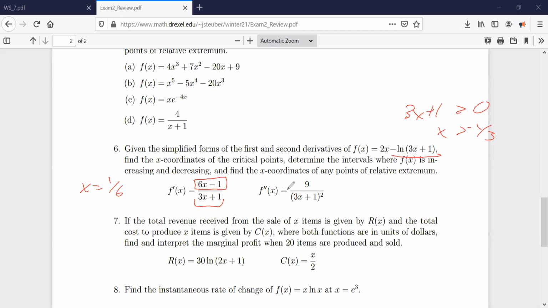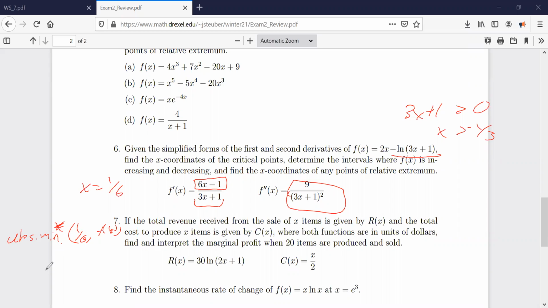And then we get 9 divided by something that is always positive. Since that is always positive, at 1/6 it's going to switch from decreasing to increasing. That's just a second derivative test. So f of 1/6 is a local min, or I guess absolute min.